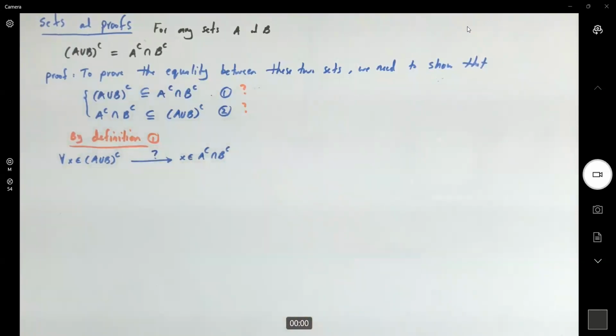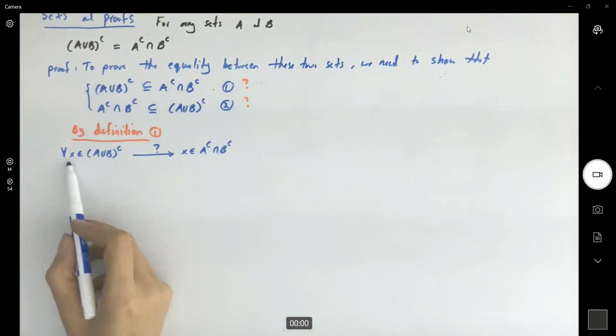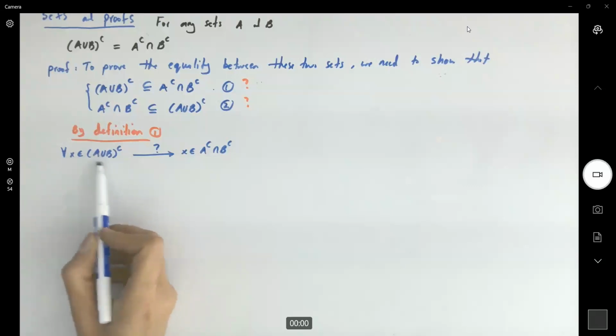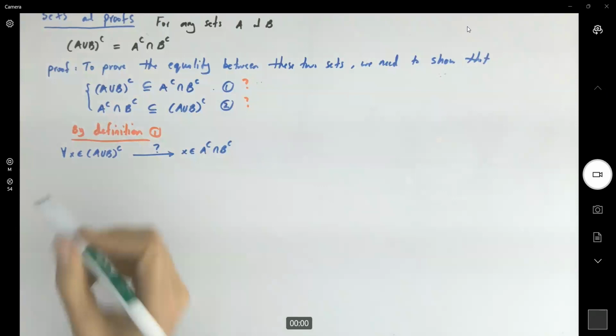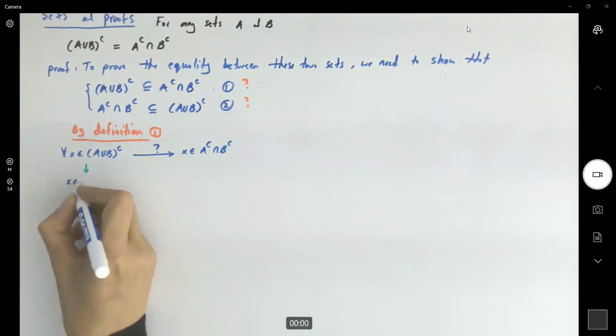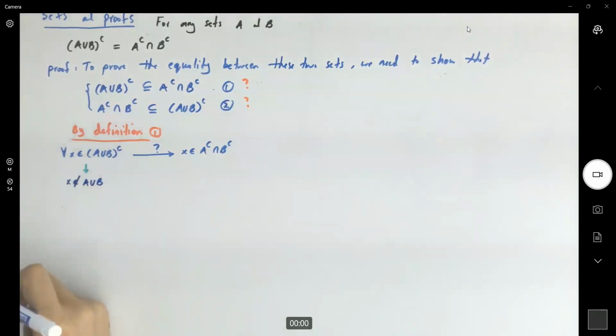How do I prove this? Very good. So let us take a look at this. It says X belongs to the complement. So by definition, X is not in the union.